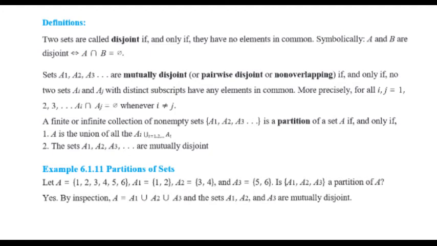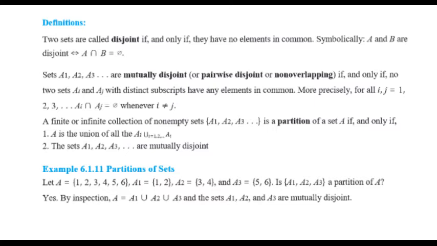And also we have another definition. We say let's assume we have sets A1, A2, A3, and so on and so forth, and these sets are called mutually disjoint, or pairwise disjoint, or non-overlapping if and only if no two sets A sub I and A sub j with distinct subscripts have any elements in common.